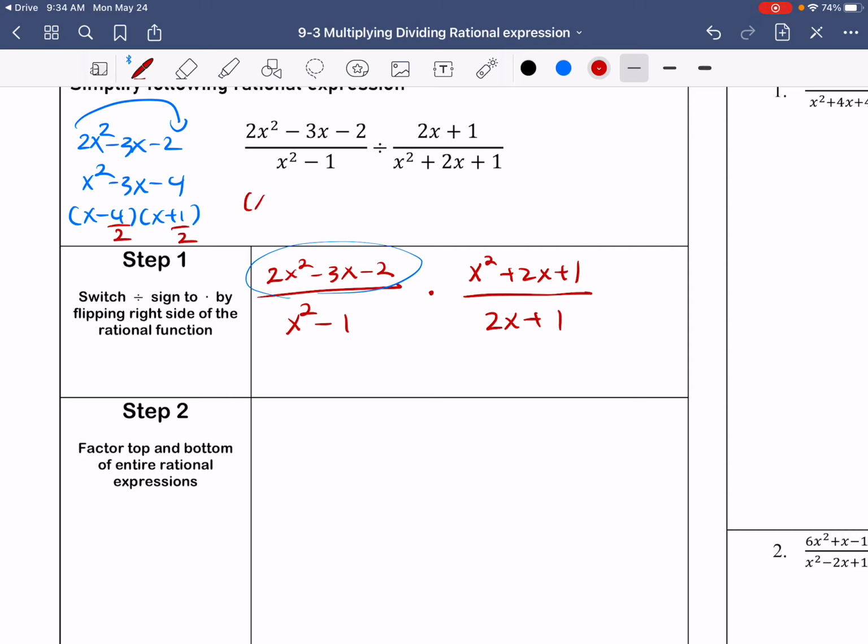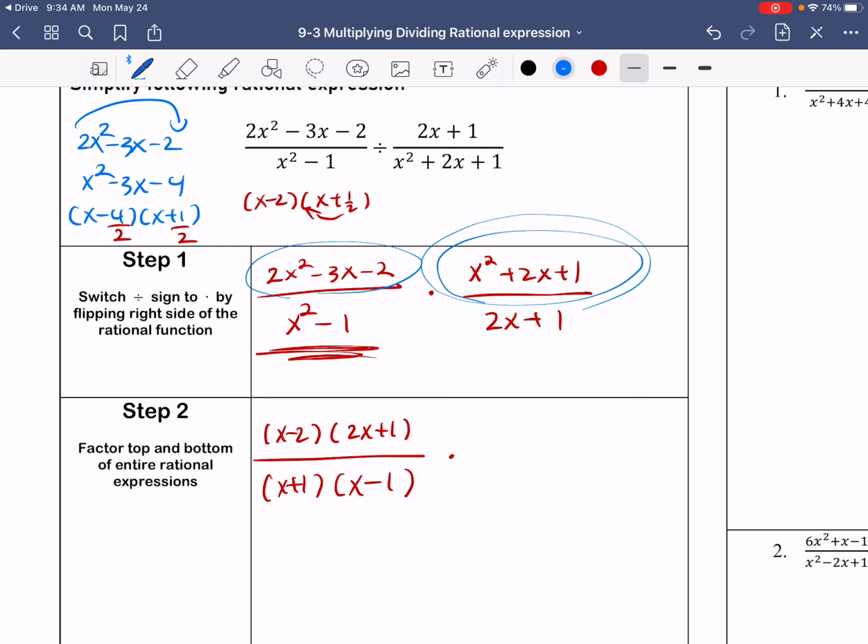So you get x minus 2, x plus 1 half, and slide it back. So you're going to get what? x minus 2, 2x plus 1 on the top, over this one is what? x plus 1, x minus 1.